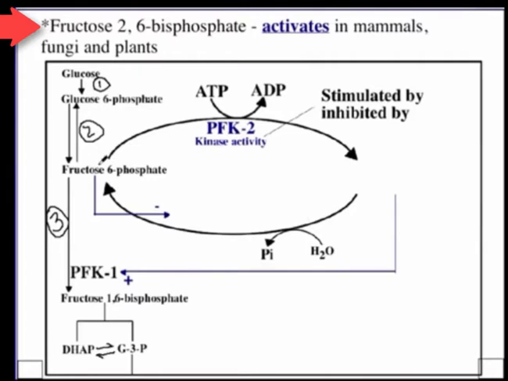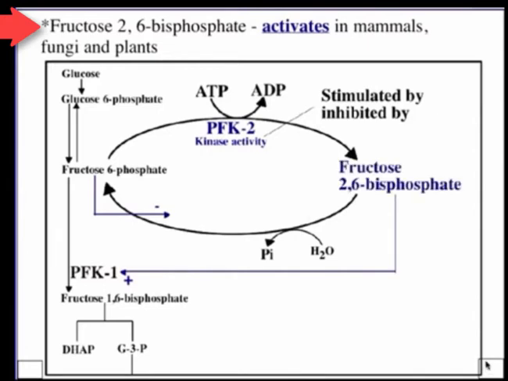So fructose 6-phosphate can not only get converted to fructose 1,6-bisphosphate, but it can also get converted to fructose 2,6-bisphosphate. So there's an alternative pathway, or an alternative branch, that can occur for fructose 6-phosphate, converting it into a different product besides fructose 1,6-bisphosphate.